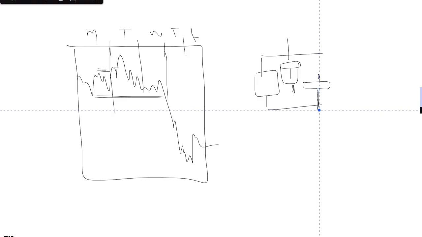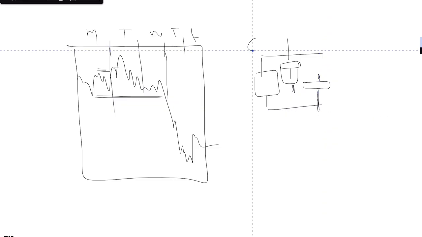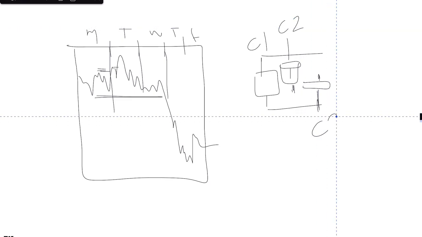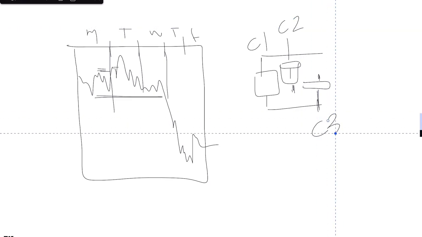And this is the Monday range CRT. Right, so you're going to use the Monday candle's range as candle number 1. And then candle 2 is going to be Tuesday, and candle 3 is going to be Wednesday.